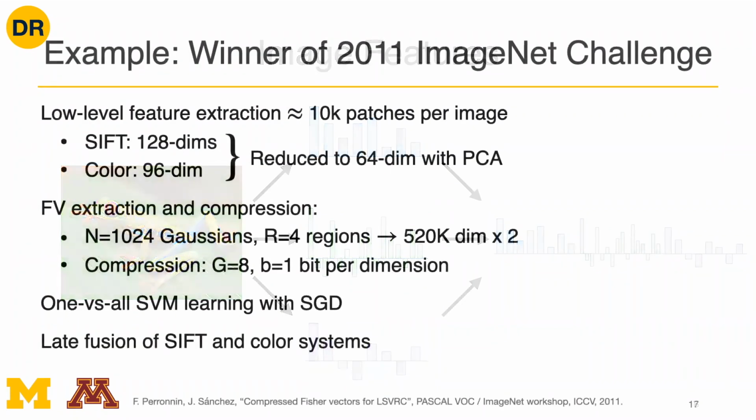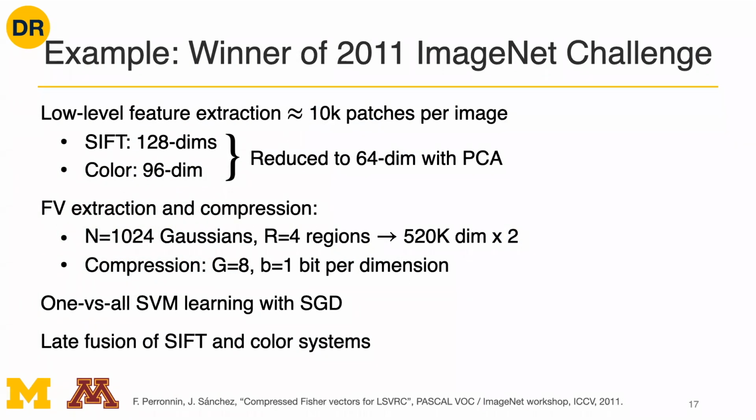Before deep learning hit the deck, we used all of these features in one way or the other. Especially in 2011, in the ImageNet challenge, before AlexNet came into the picture, they used SIFT features and color features, and reduced the dimensions to 64 using principal component analysis, which is basically a dimensionality reduction approach.